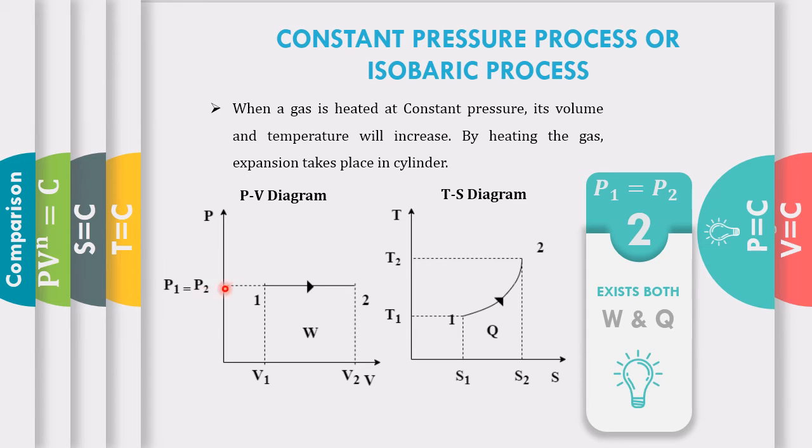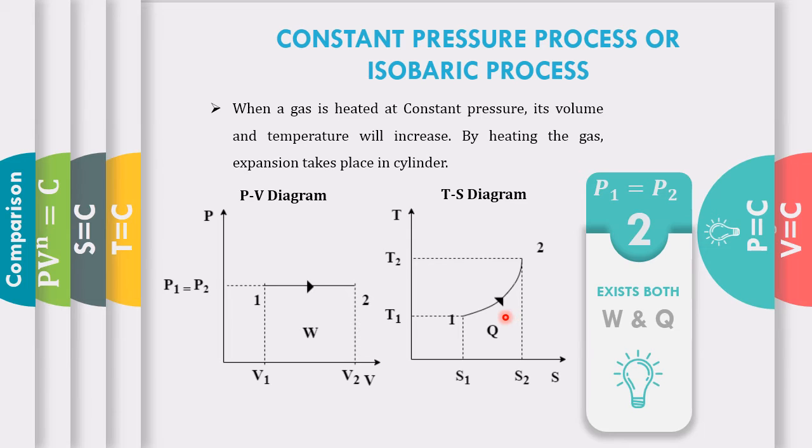Work done can be taken from the PV diagram, and heat transfer can be taken from the TS diagram. In the constant pressure process, we keep the pressure constant, but the temperature keeps on increasing, with an increase in entropy inside the cylinder.